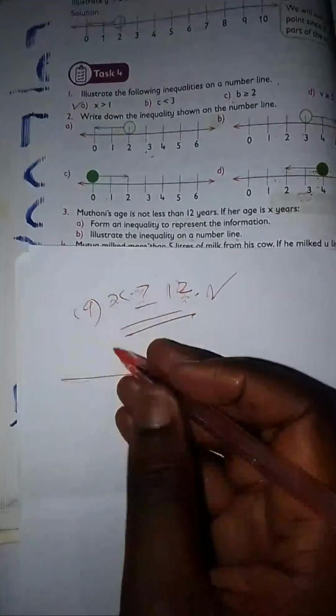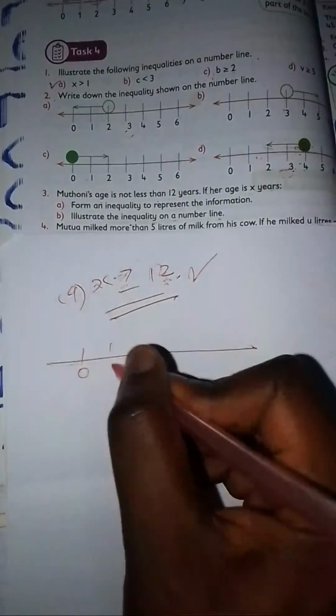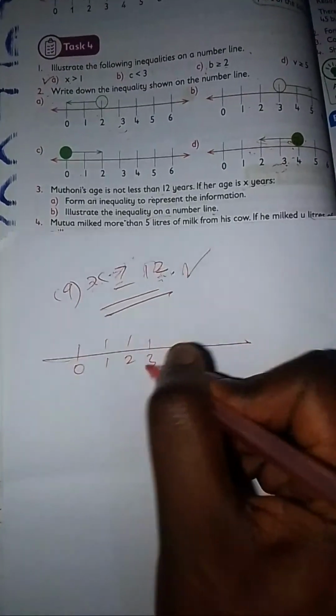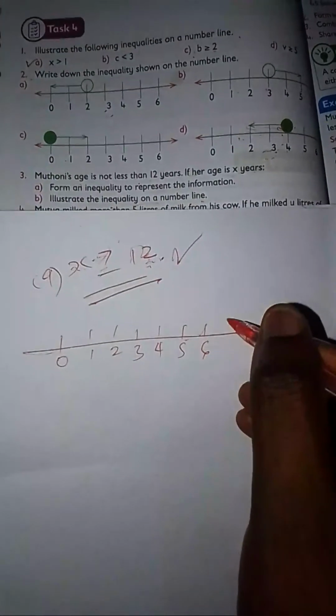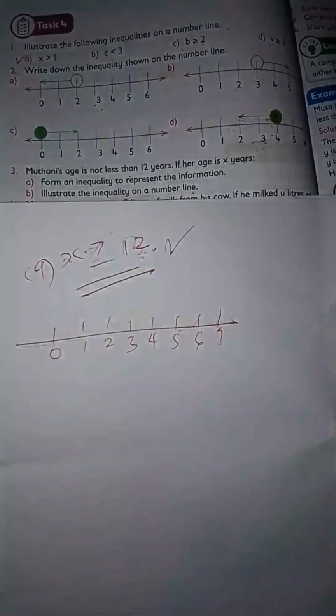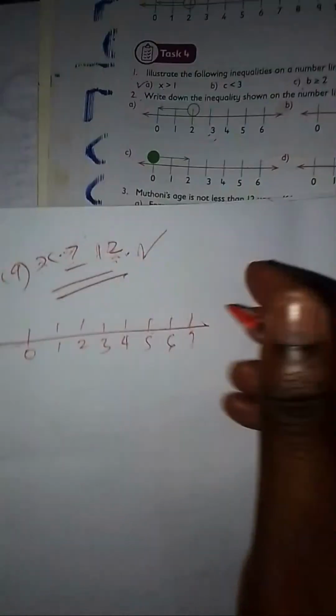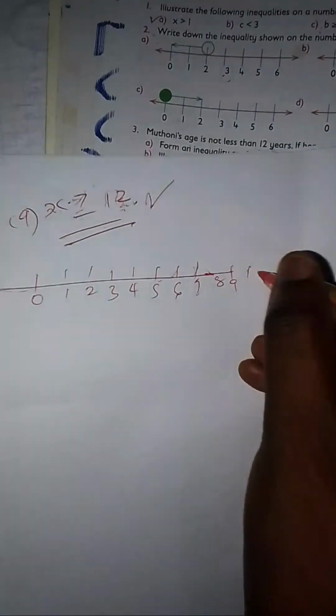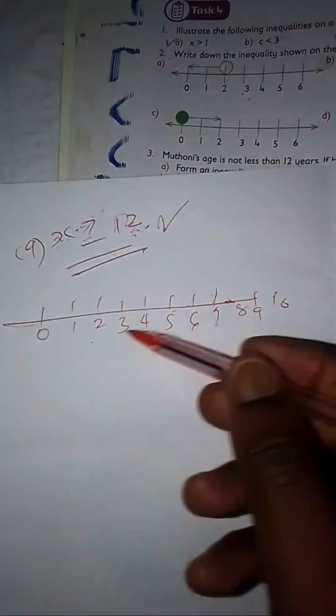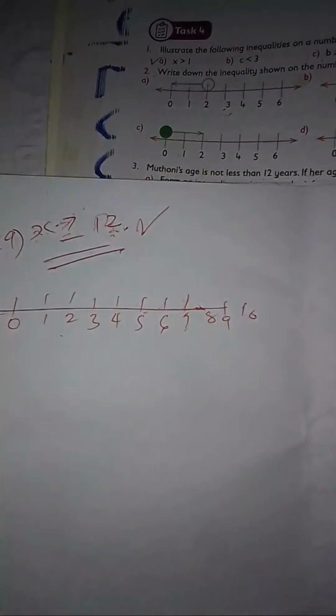Maybe we start from 0 here: 0, 1, 2, 3, 4, 5, 6, 7, 8, 9, 10. This question simply means that we have to move up to where 12 is.